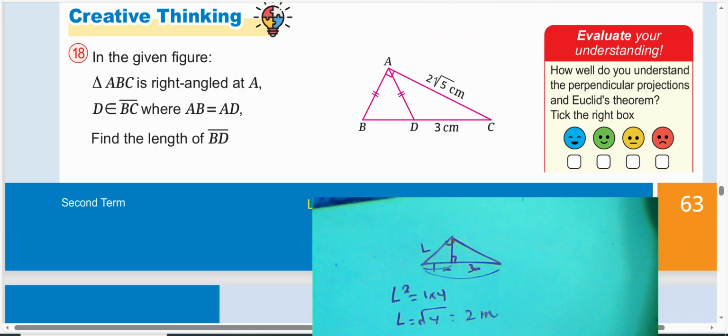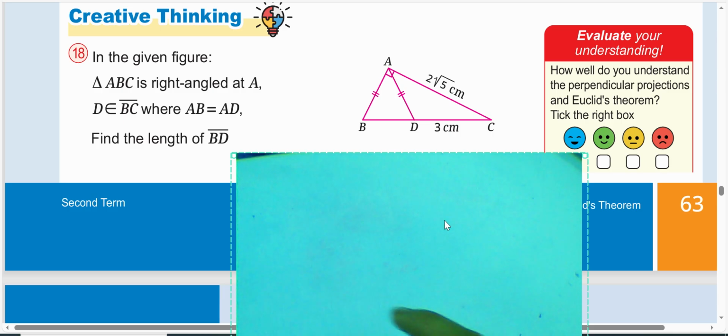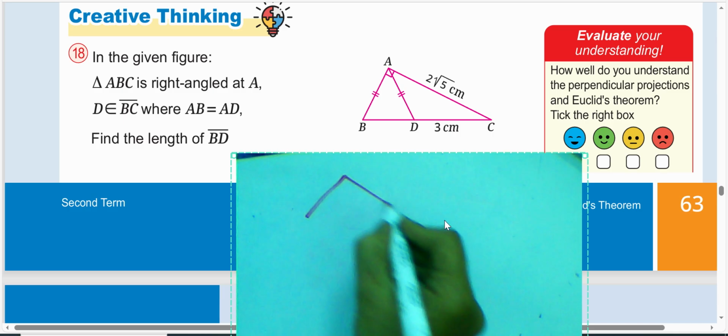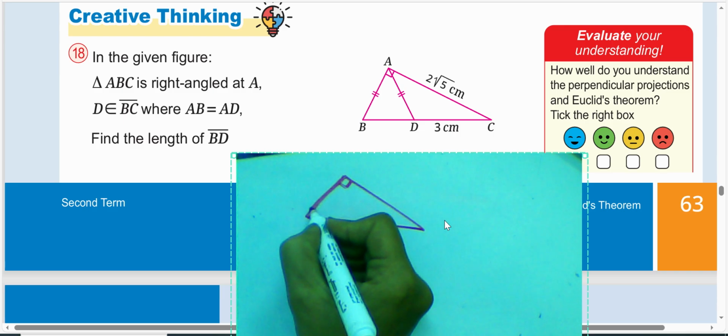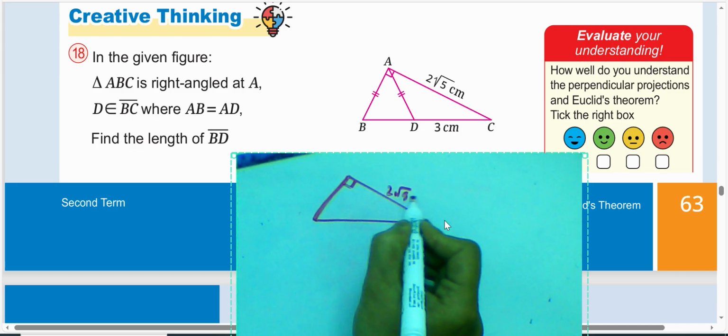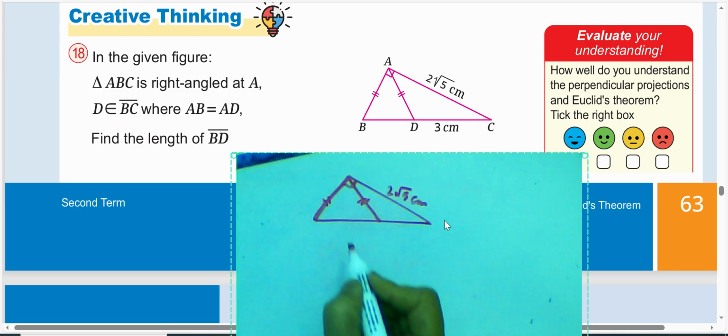Creative thinking. Look here. We have an isosceles triangle. We want to find the length of BD. Okay. We have a right angle triangle here. This line segment is 2 root 5 centimeter and two sides are equivalent.